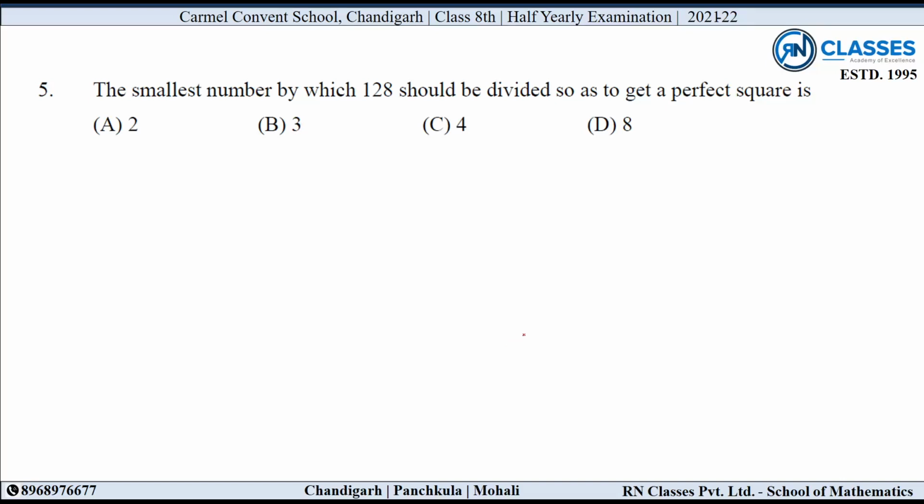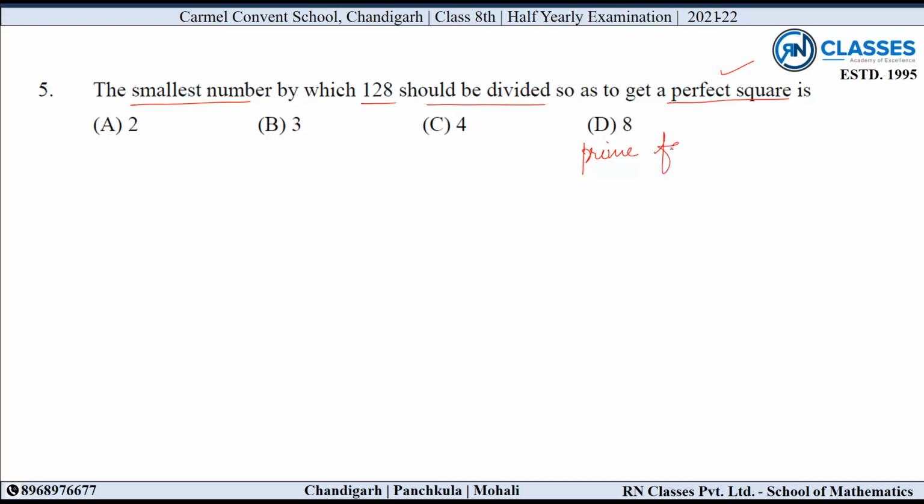Question number 5. The smallest number by which 128 should be divided so as to get a perfect square is. Okay, we have to divide 128 by something so that the answer becomes a perfect square. What to do? Prime factorization.